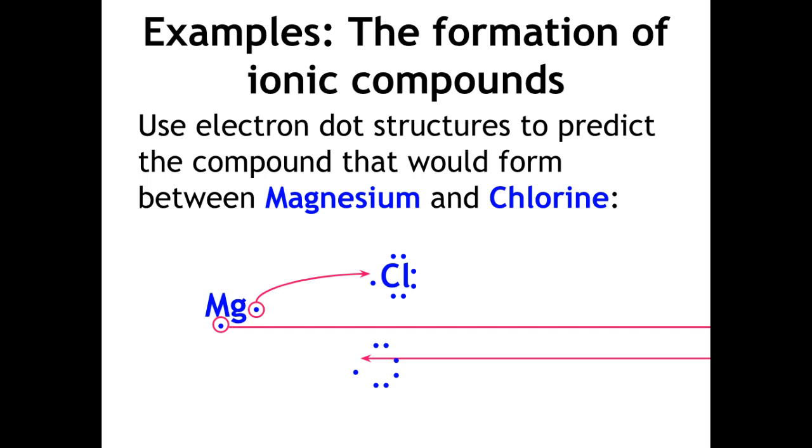Chlorine only needs 1 electron. So we're going to need 2 chlorines to bond with the magnesium. So this can form the most stable bond. Again, we will write the metal first and then write the non-metal. So this would be magnesium chloride, MgCl2.